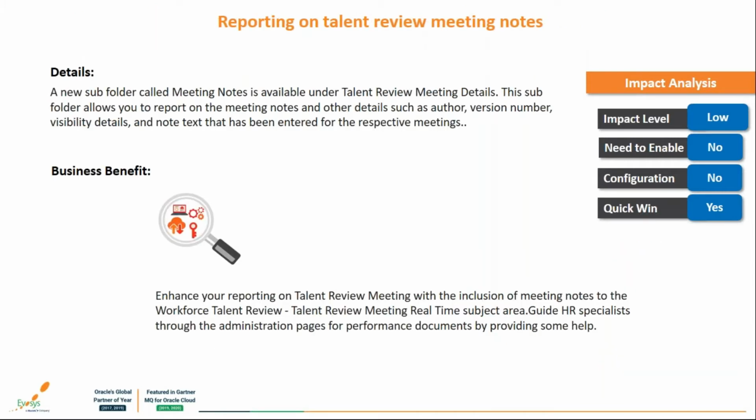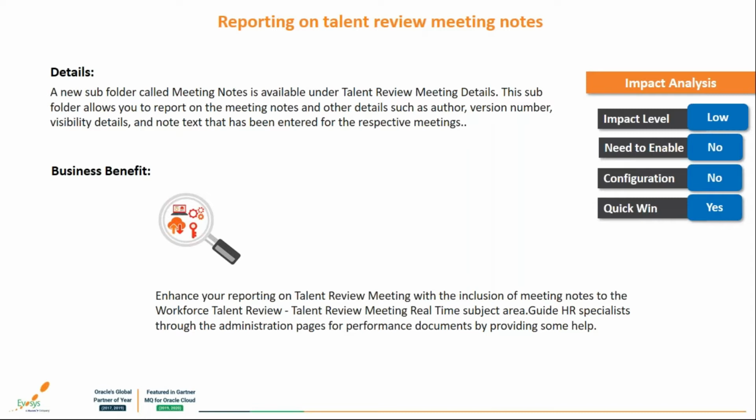Next in line, we have reporting on talent review meeting notes. Ladies and gentlemen, this feature is for all our meticulous professionals who have an eye for detail. Now you can enhance reporting by adding various details under the talent review meeting details. There's a subfolder where all your minutes, such as the author's details and the version numbers, could be added.